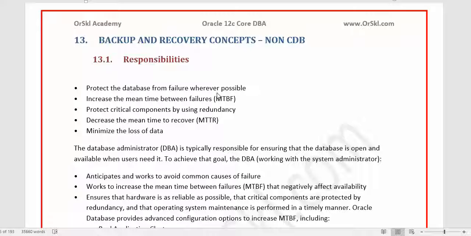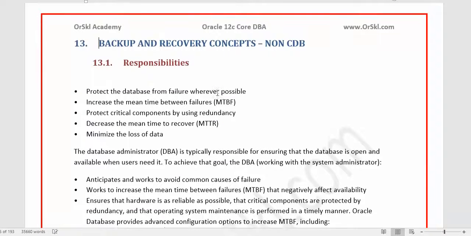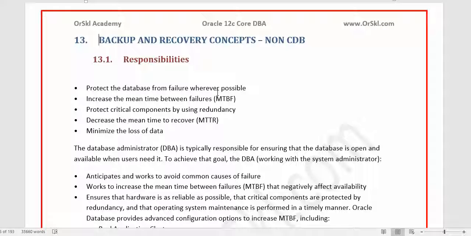Before I start, let me tell you something about this session. This chapter has approximately 13 to 14 topics. Let us see if we can cover all of them in this session, but I really doubt it, because I want to go into detail on each and every topic.